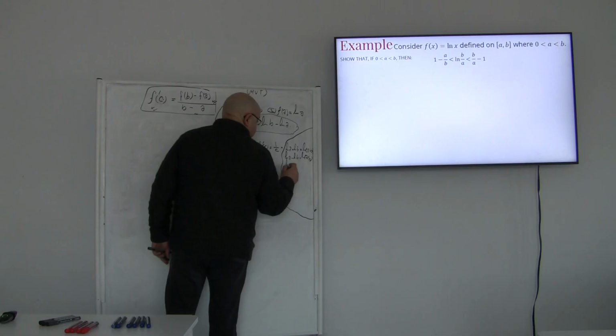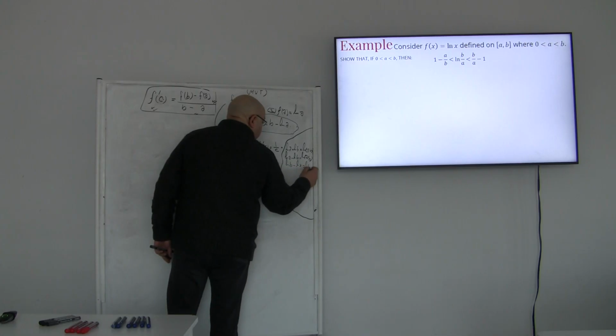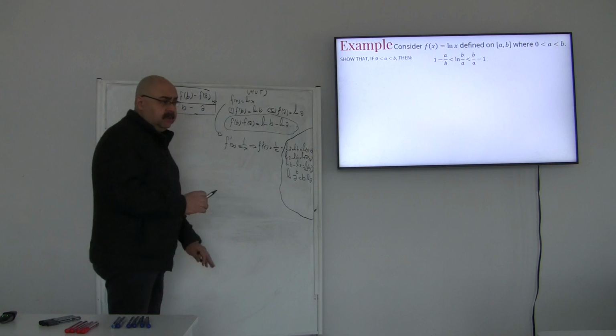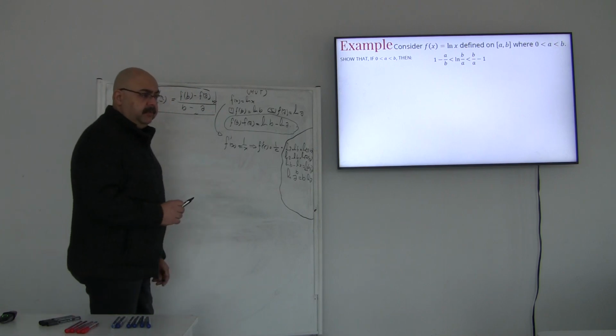In the same way, if I have ln b minus ln a, it's going to be ln of b over a. And if I have ln of a to the power of b, of course it's going to be b times ln a. I will need these properties. No one can ever forget these properties.